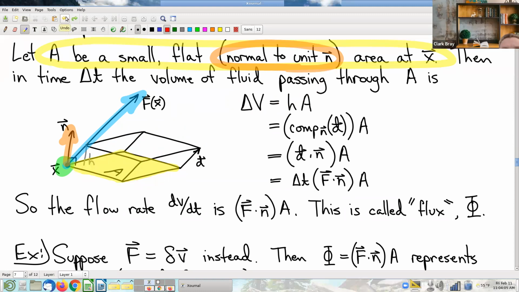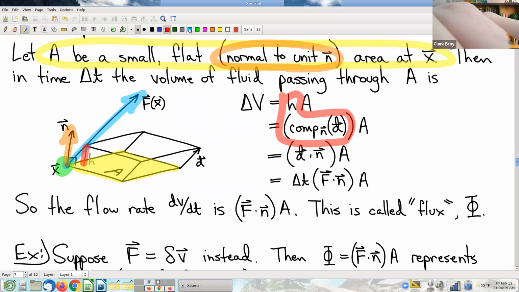What is height? Okay, now this is your question, I believe. Height, let's see here, there it is. I claim that that is the component of this vector D in the normal direction.